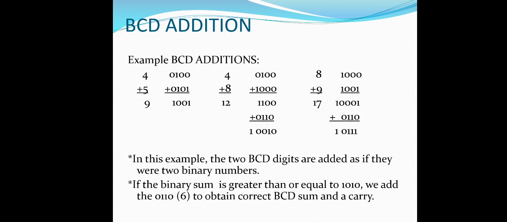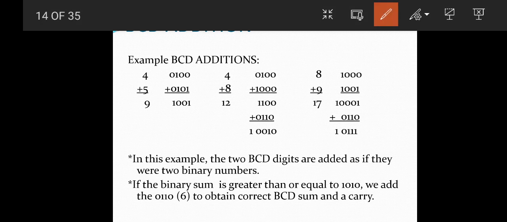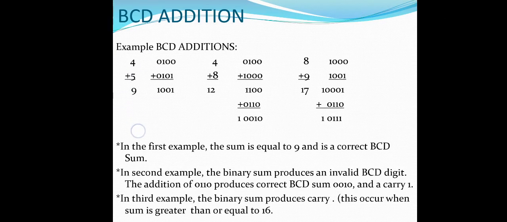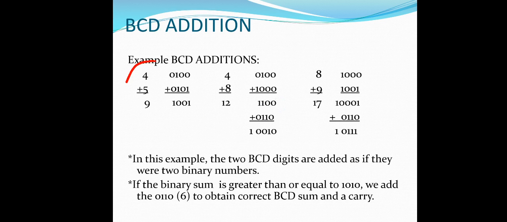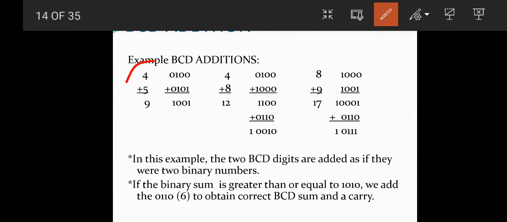So this is an example of BCD addition. For the first example, as you can see, your sum is 9, which is equal to 9.